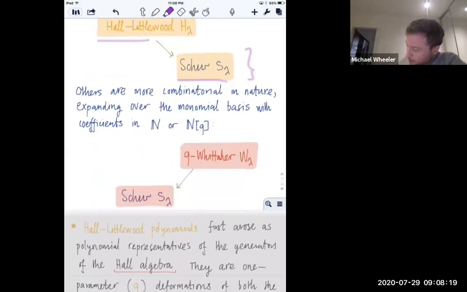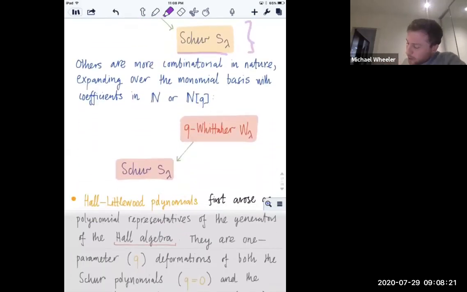But if you go on to the other side of the picture, I would argue that the q-Whittaker polynomials are something that's more combinatorial in nature, in the sense that if you take those as they depend on this alphabet of x variables, and expand over the monomial basis, that expansion has coefficients that live in this set here.